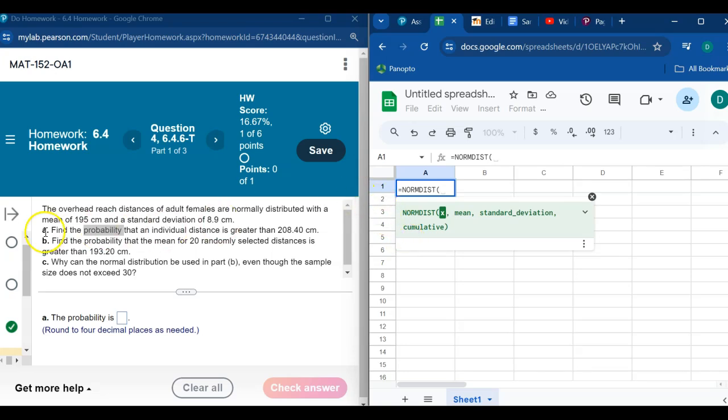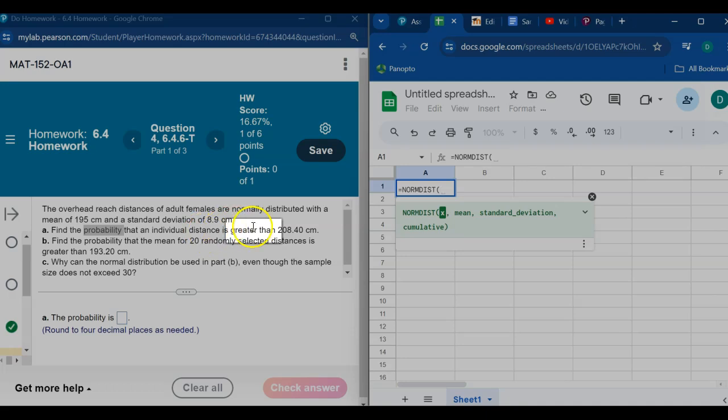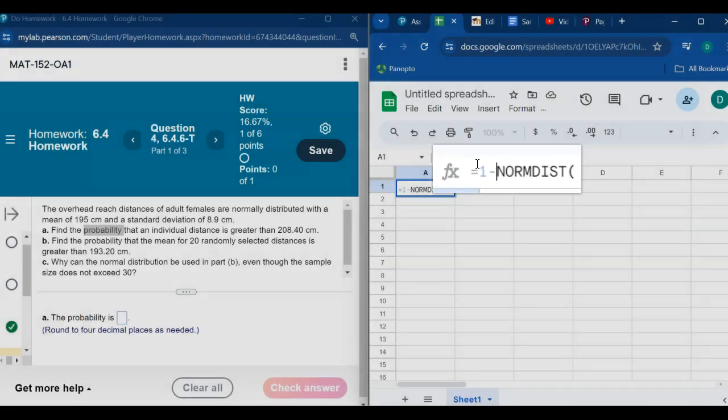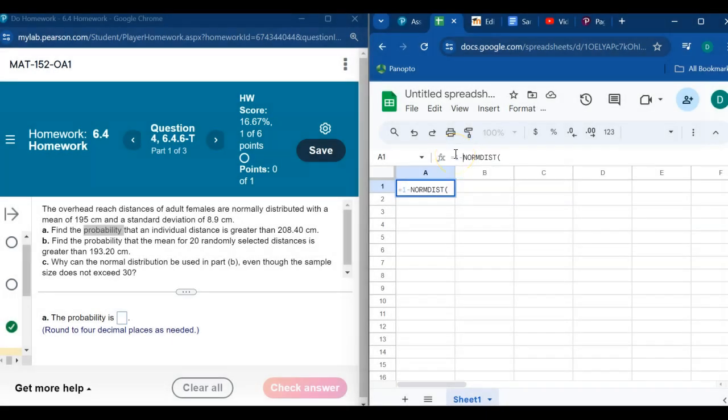If it says find the probability of an individual distance greater than, recall that means we have to do 1 minus, because it gives me below. If I want above, I need to do 1 minus the percent that's below. So 1 minus NORM.DIST, the value they're giving me here is 208.4.